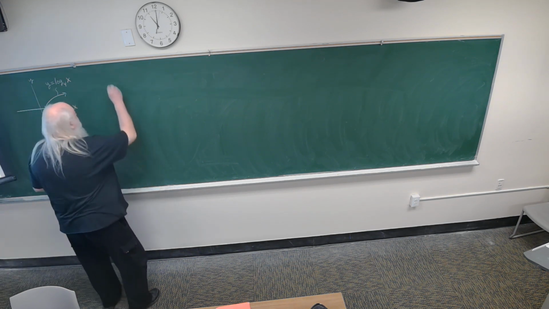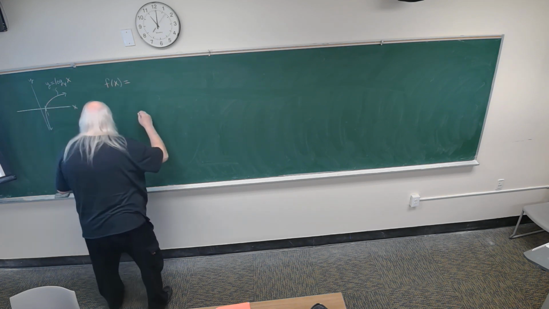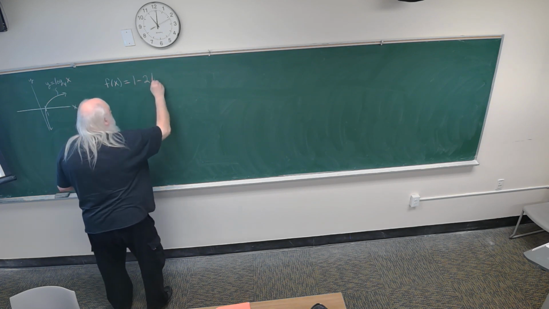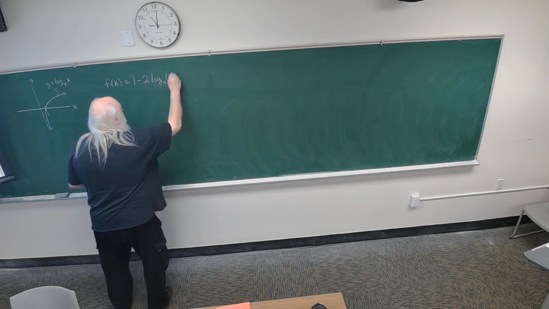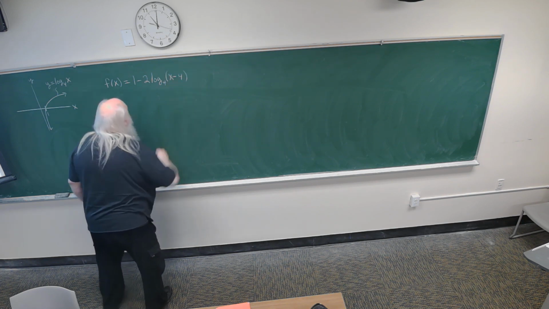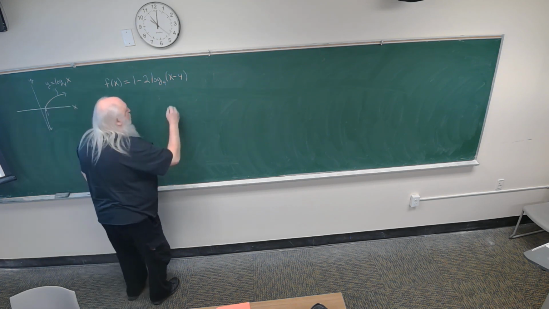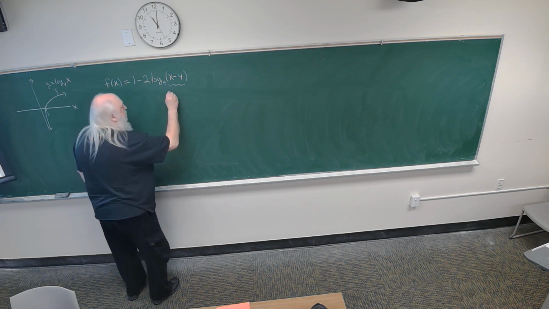So f of x is equal to 1 minus 2 times log base 4 of x minus 4. All right. So remember the input to the log function we call the argument.